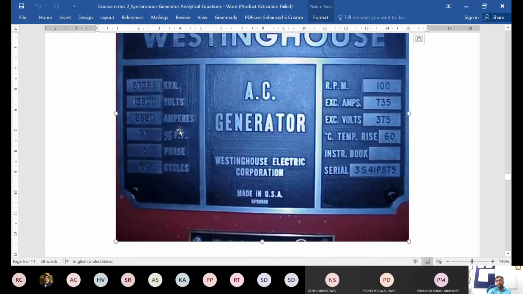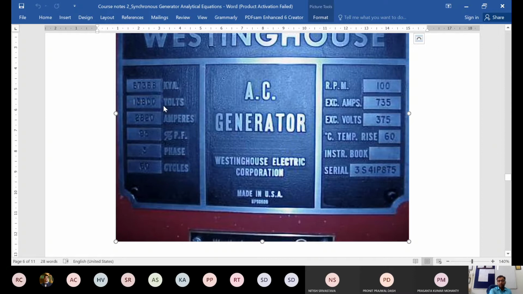The generating equipment here, for example, has a rated terminal voltage of 13,800 volts. But when you are generating this much bulk power, 67 MVA, and need to transfer it over long distances, this voltage is not really sufficient. The transmission voltage has to be much higher for large power transfer over long distances.